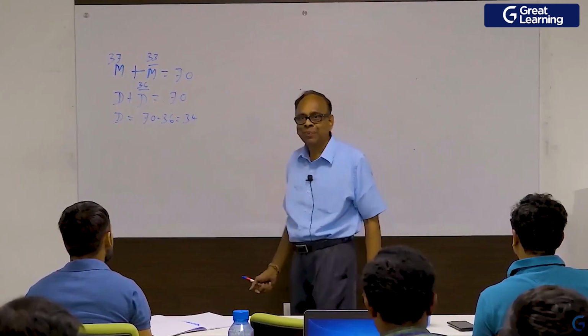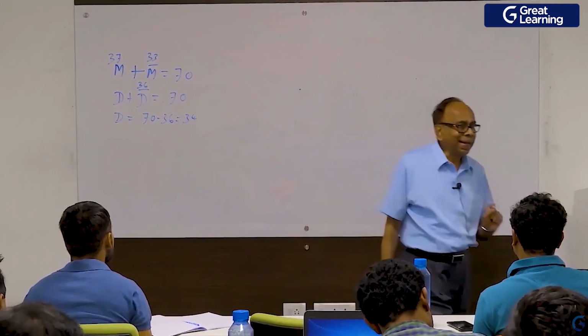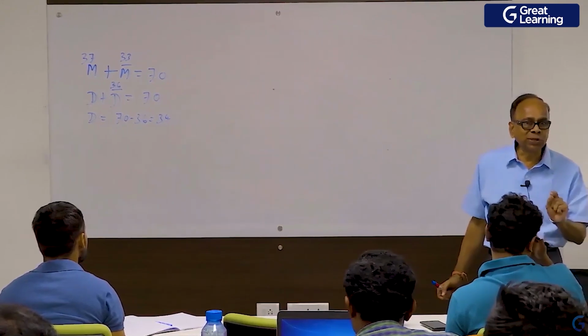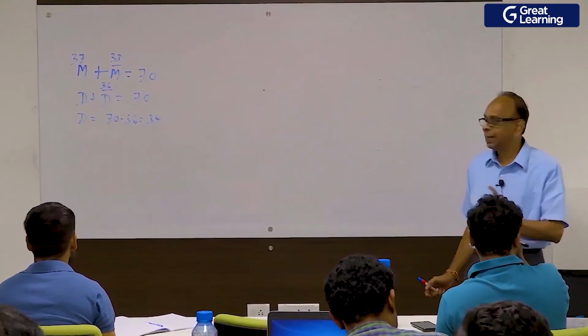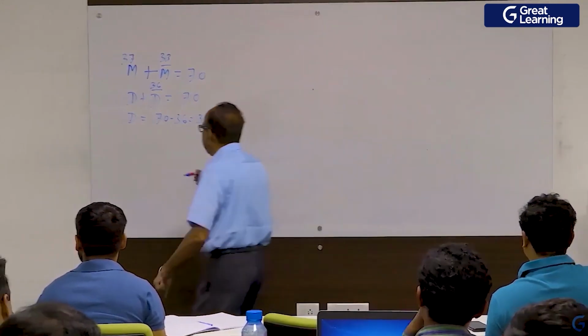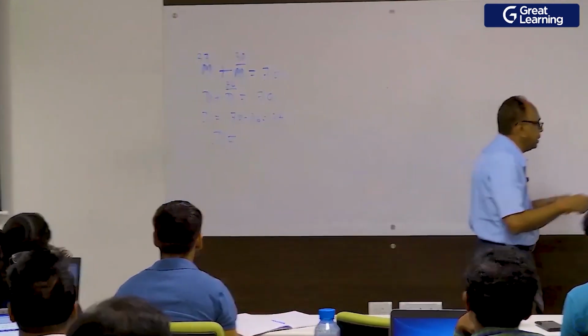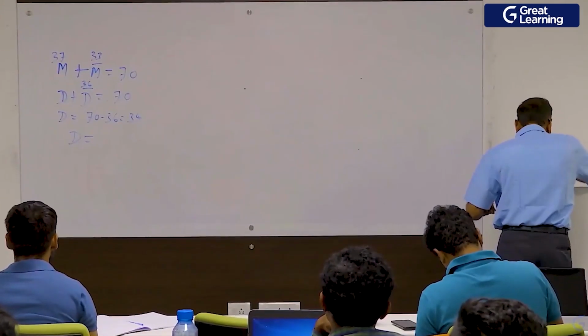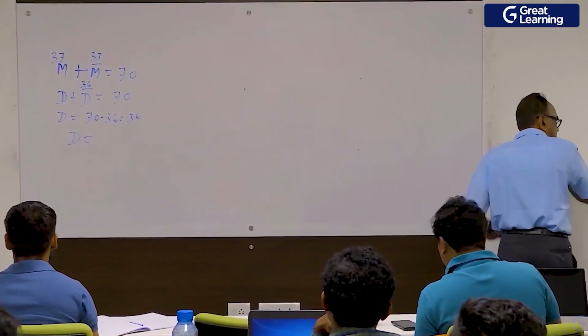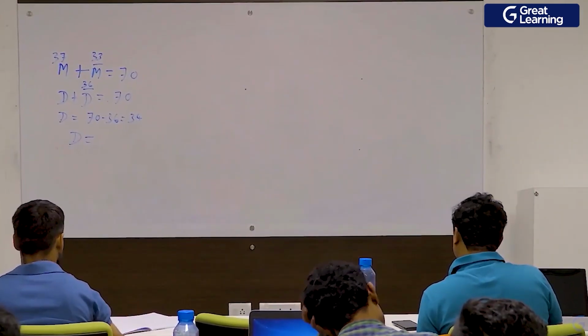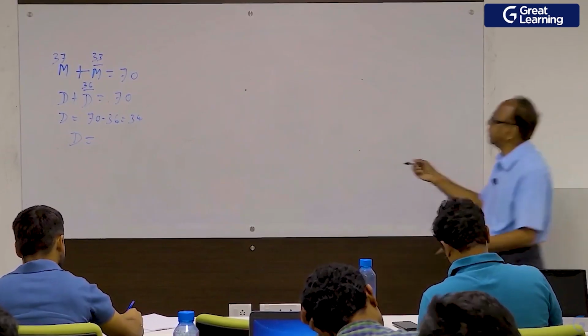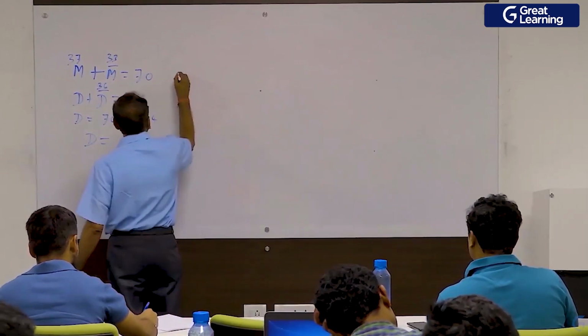Now, D is equal to drink. Drinking is associated with smoking or without smoking. Am I right? So let us say S is the smoker, S bar is the non-smoker.